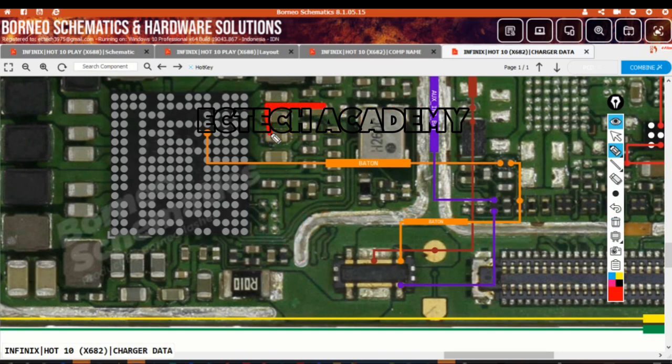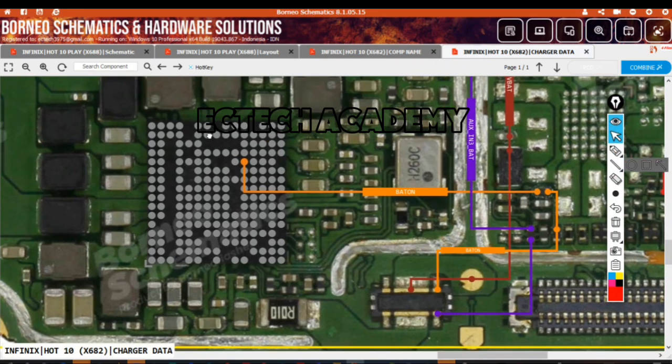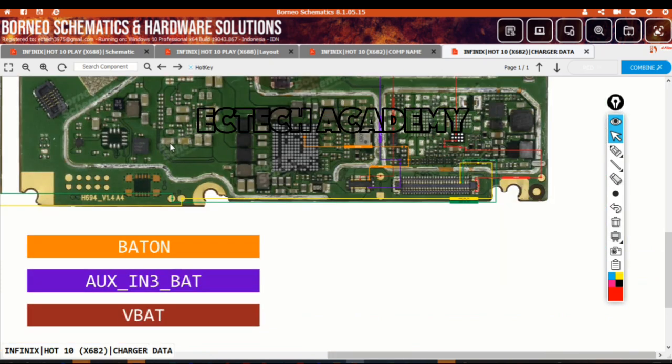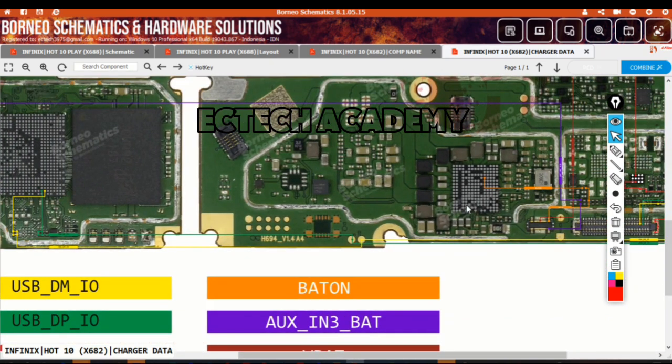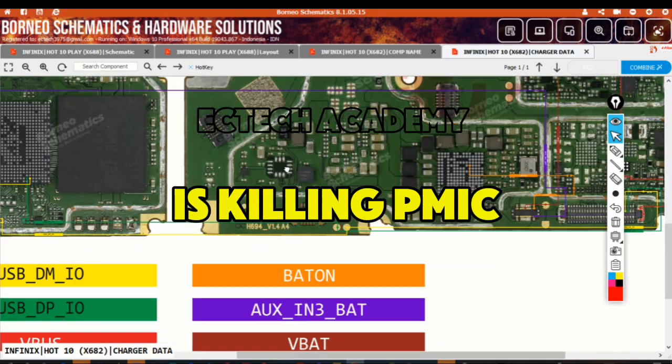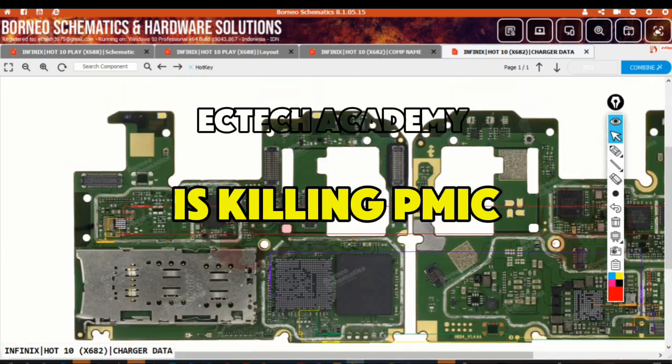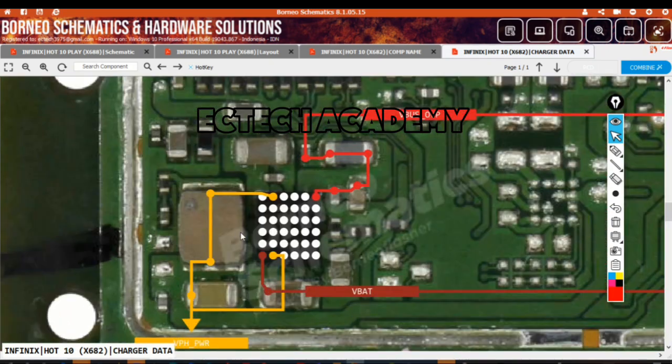But now we are seeing 5 volts. Why? Because the charging IC is not doing its work. I have seen many cases like that. I even saw a case where the power IC later shorted, because the customer doesn't know what is going on and keeps putting the charger on, killing the charging IC, since it is not stepping down the 5 volts.